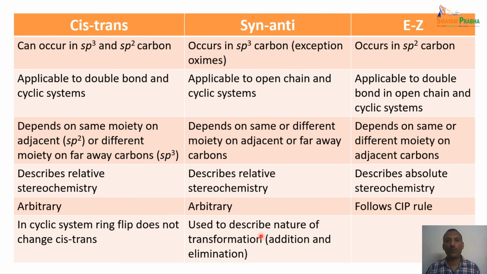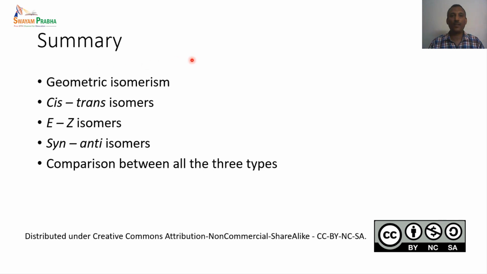With that, we conclude this session on geometric isomerism. In summary, let us recap what we have studied so far. We studied what are geometric isomers and geometric isomerism, how to name the geometric isomers using either cis-trans nomenclature or E-Z nomenclature or Syn-Anti nomenclature, and how the relationship exists.